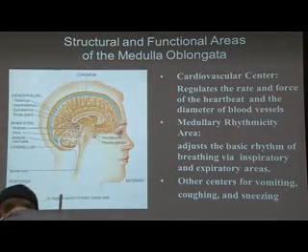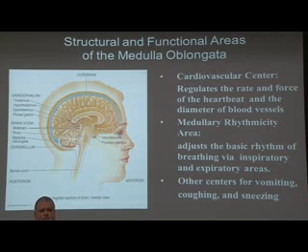So when we look at the medulla oblongata, which is the bottom of our brainstem, one of its very critical roles is that it has your cardiovascular system. So if you'll recall, when we did myocardium or cardiac muscle, one of the things we said was that cardiac muscle was involuntary. So we don't consciously have to think about making our heart beat.